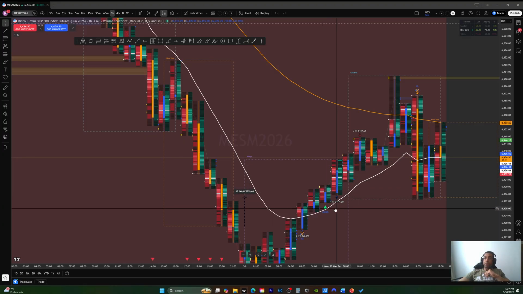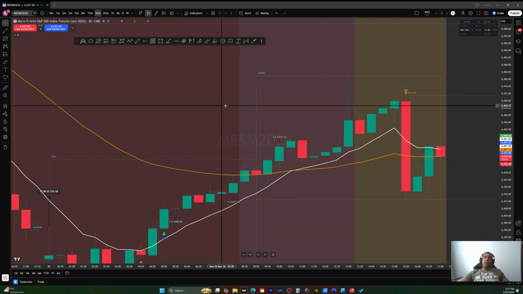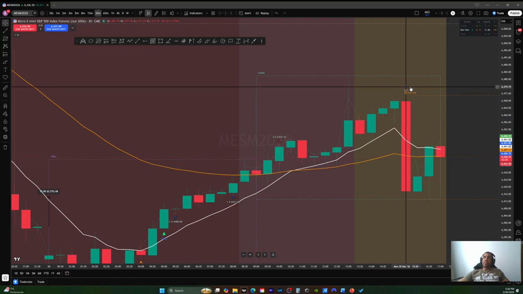I kept moving my stop loss closer and closer, trailing behind the 9 EMA. Like I said, this indicator will let you know when to exit.